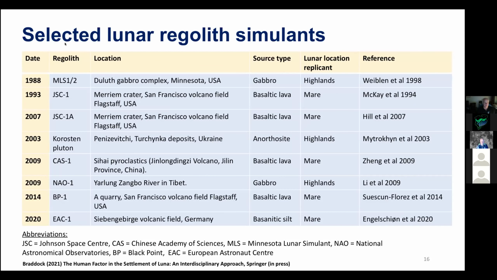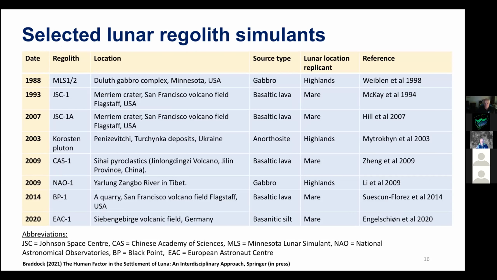Some of the work that's been done quite extensively now, and it's been quite an industry since the 1980s, is to isolate areas of what are called lunar regolith simulants. What I've done here is summarize at least the most popular lunar regoliths that are used and published in the literature.